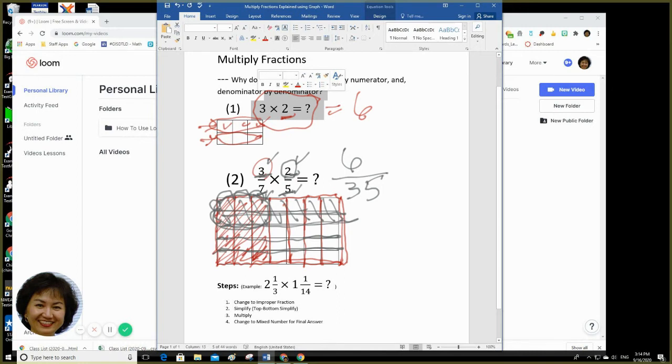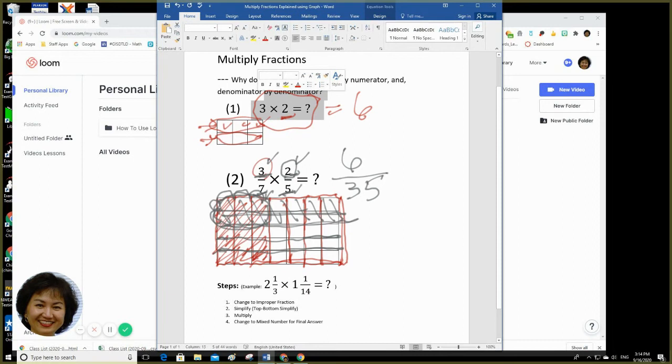Here is a more complicated example I would like to show you. In most videos for fraction multiplication, they teach you to multiply first, then simplify at the end. But here, I want to show you that you should always simplify first, then multiply. That will make your life much easier.